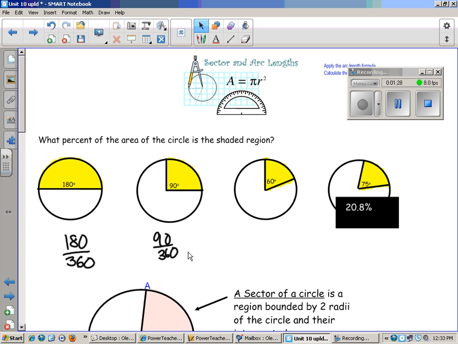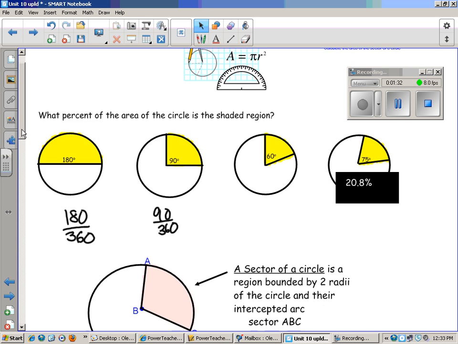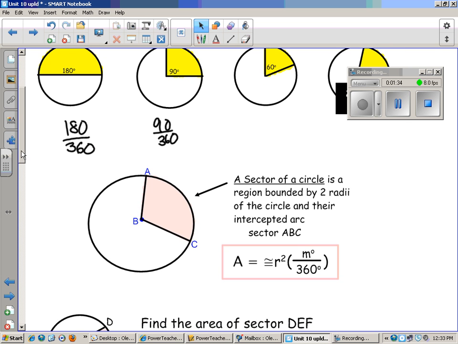Okay, so we're going to use that percentage thing to calculate the area of a sector. And a sector is basically a piece of the circle, like a piece of pie. I always think of airplanes or submarine movies where they say, Captain, they're in Sector 7, right?